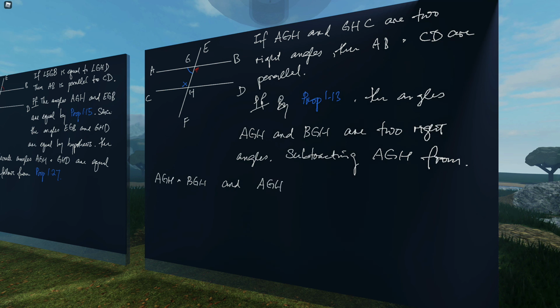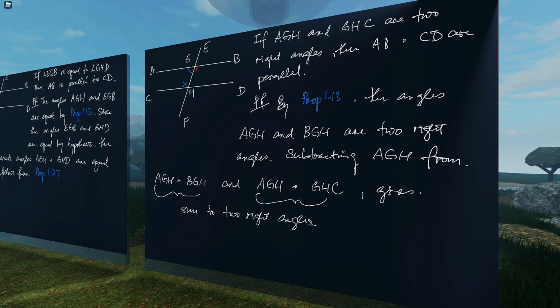AGH and GHC. So these both sum to two right angles, right?